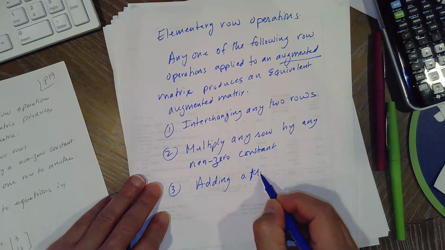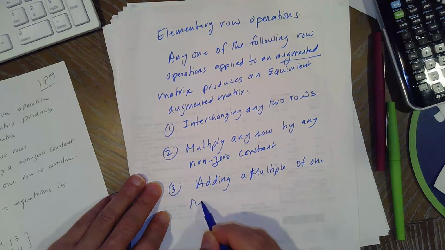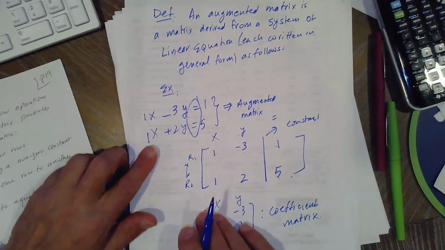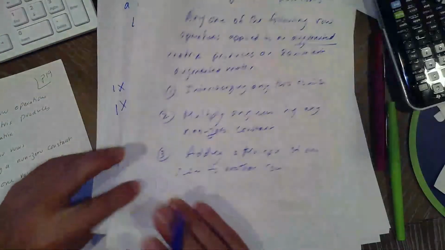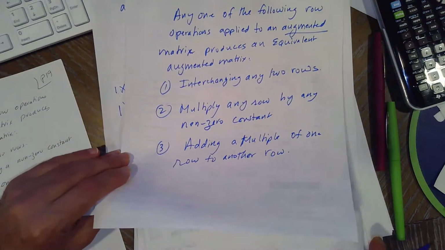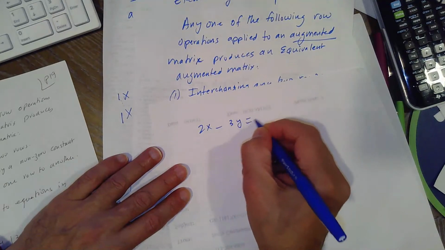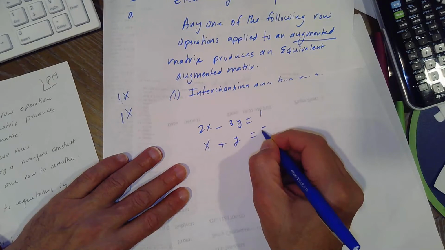Adding a multiple of one row to another row will not change the augmented matrix. Because remember, say I have a system of equations: 2x minus 3y equals 1, x plus y equals 5.